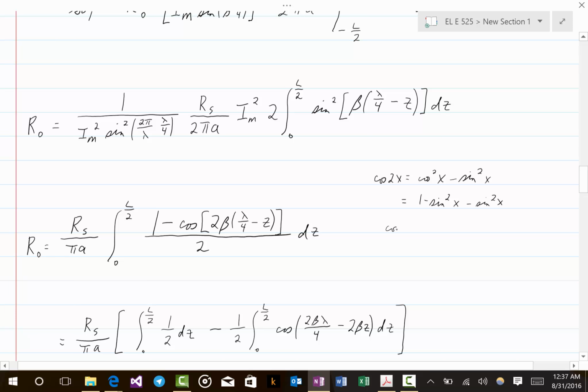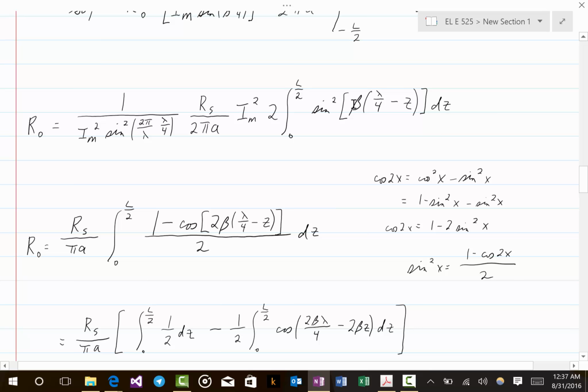And so we get cosine of 2x is 1 minus 2 sine squared x. And therefore sine squared x is 1 minus cosine 2x over 2. Similarly, cosine squared x is 1 plus cosine 2x over 2. So those are useful identities to know when you're doing integrals of this type.